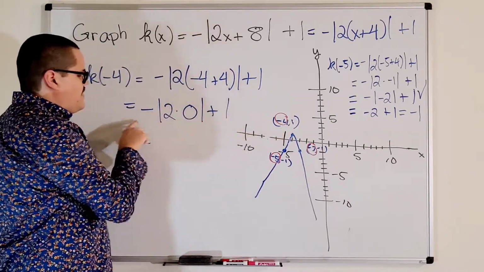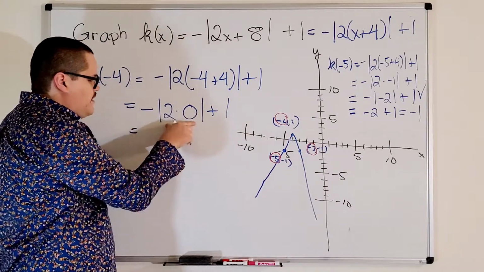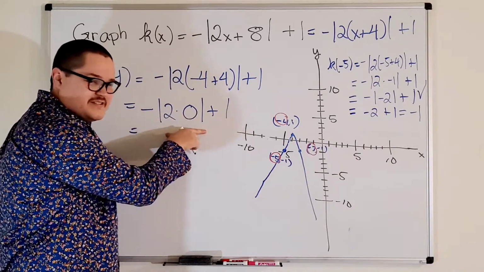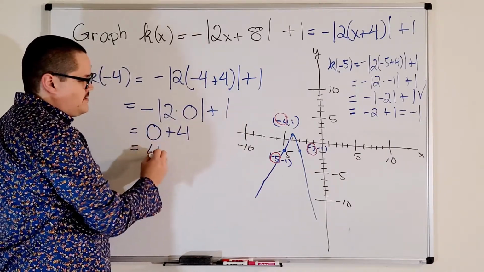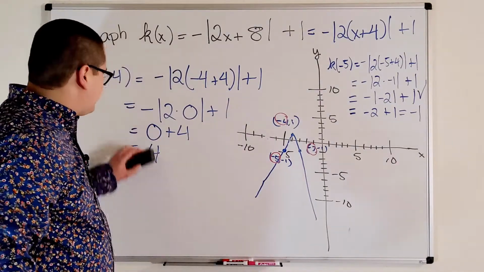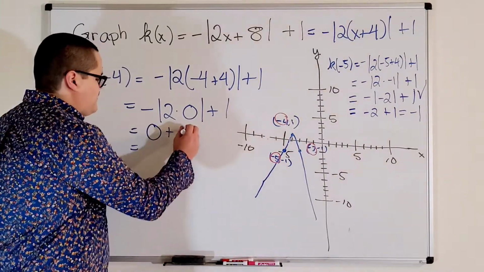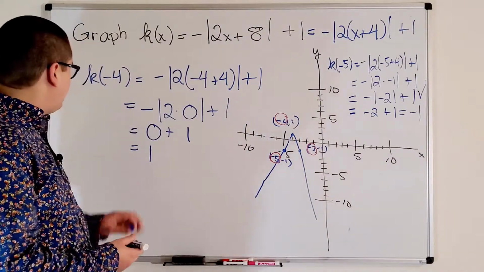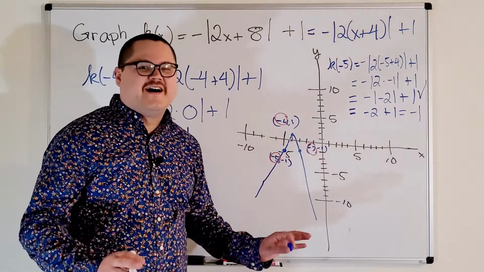We have negative quantity absolute value of 2 times 0 plus 1. Well, this is 0. The absolute value of 0 is 0. Negative of 0 is just 0. So we have 0 plus 1. Sorry, mistake there. 0 plus 1 is 1. Good eye. Okay, so (-4, 1) is indeed on the graph.